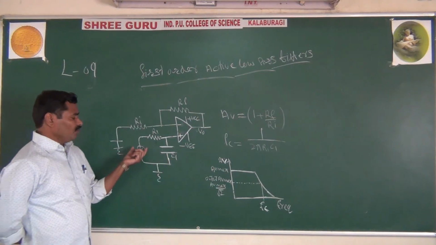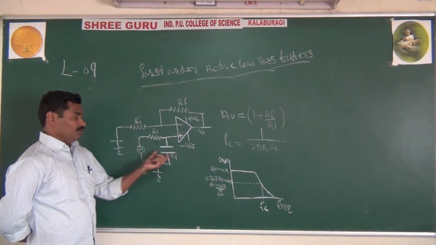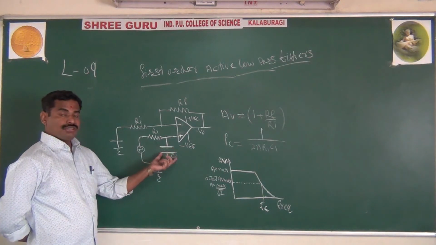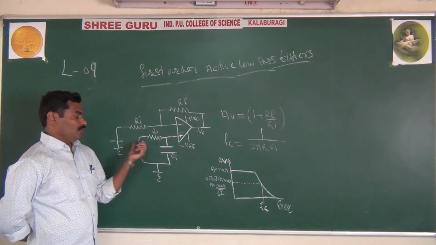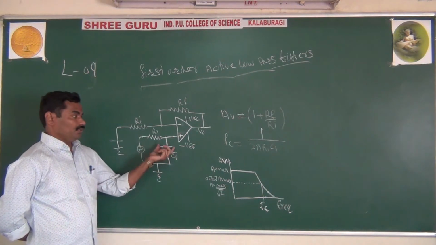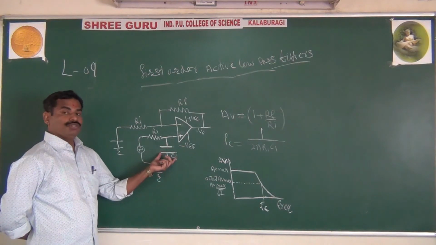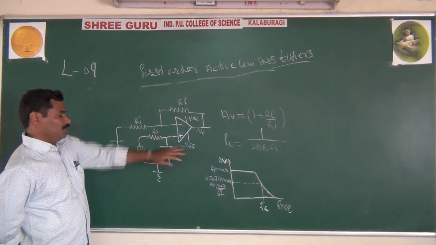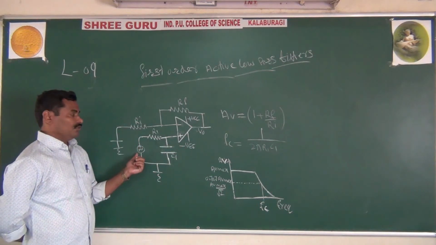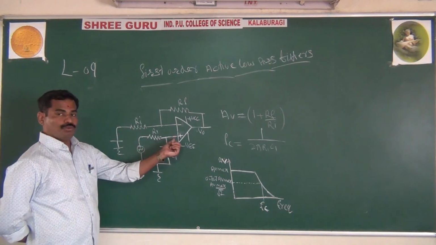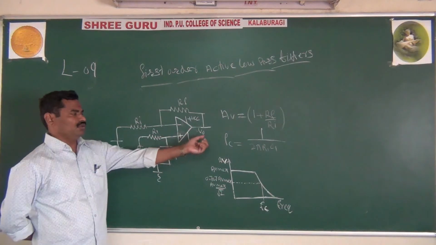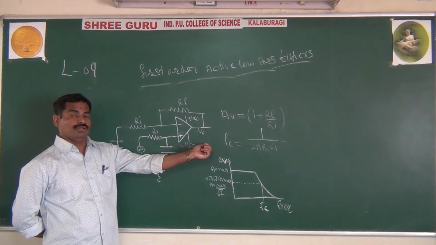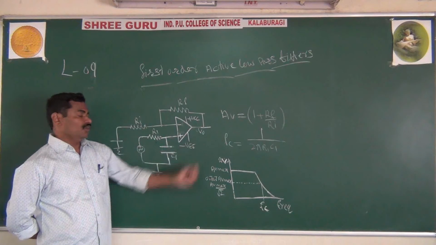The important thing, as usual, is the effect of the capacitor. For a low frequency signal, your capacitor acts as an open circuit. It means at low frequencies the capacitor is not there. In that case, whatever input you apply comes to the output, and it will be amplified and come across the output of the op-amp.